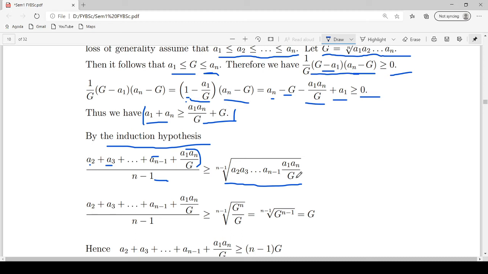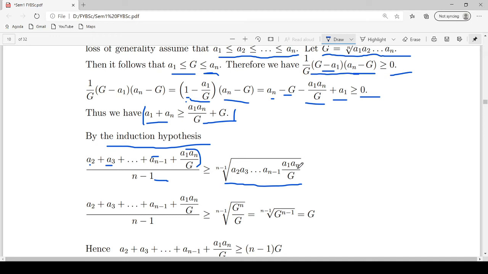Now observe the numerator of this n-1th root. You have a2, a3 up to an-1 multiplied with a1 and an. That means it is the product of n positive real numbers a1, a2, a3 up to an.